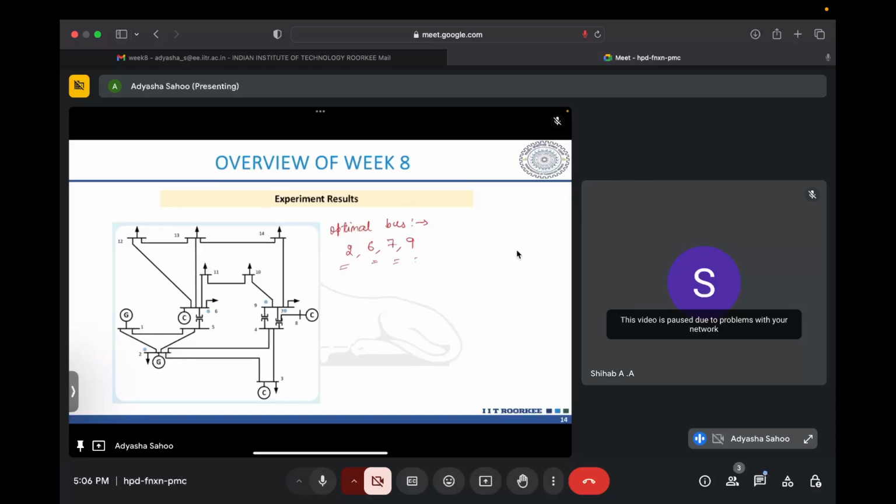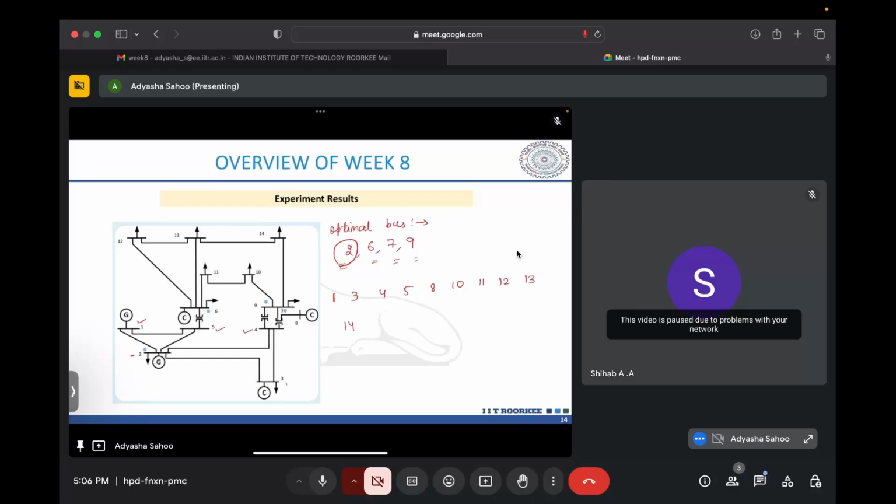Let's see what all are remaining. 1, 3, 4, 5, 6, 7, 8, 10, 11, 12, 13, 14. So once you have the information at bus 2, then if you see the network, you can have the information at bus 1 and bus 5, and also 4 and 3.